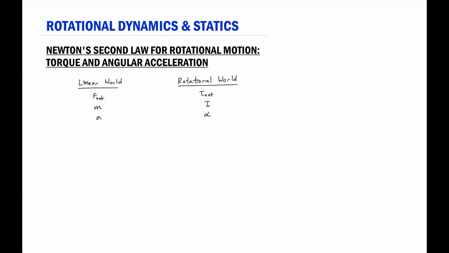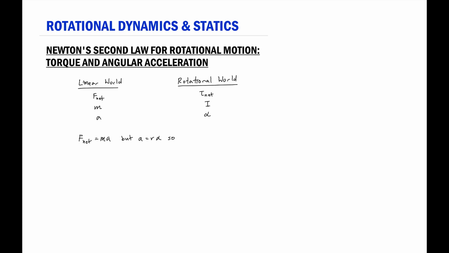We already have F net equals ma in the linear world, and we need some connection to the rotational world. Maybe we can use one of the conversion equations we used before to connect angular and linear acceleration. Specifically, this one: linear acceleration a was equal to r times alpha.